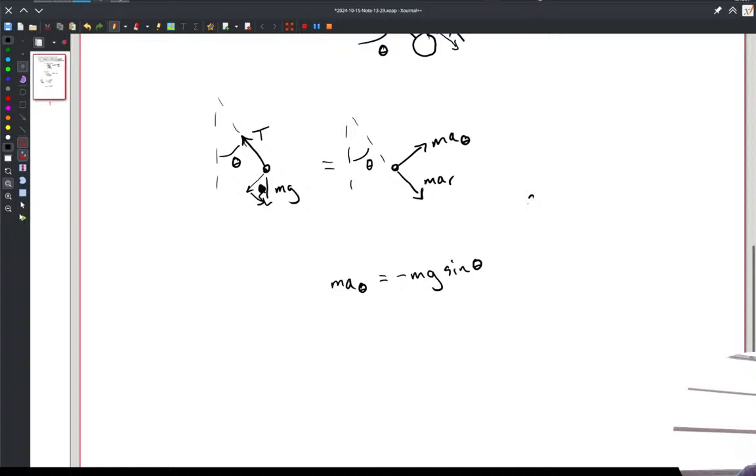And this a_theta, when I'm in these polar coordinates, I can say it's a_r along this e_r direction plus a_theta along that e_theta direction, or r double dot minus r theta dot squared along e_r, and r theta double dot plus 2 r dot theta dot along that e_theta.